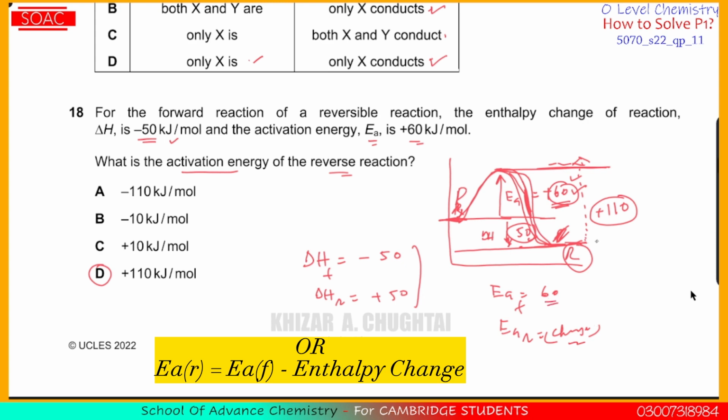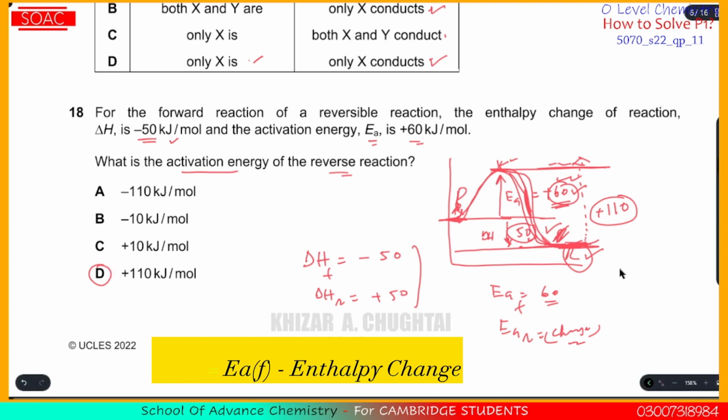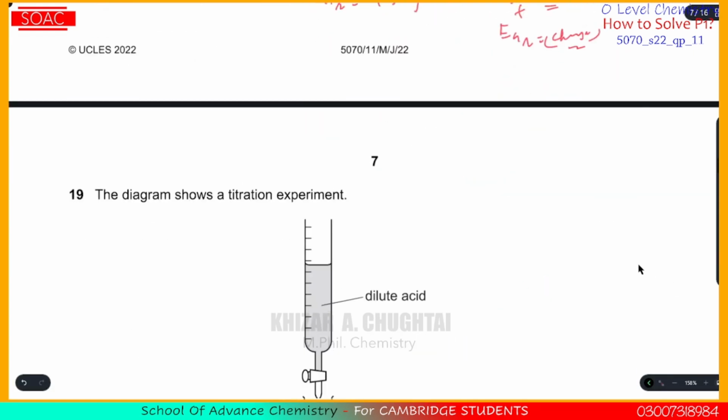Whenever we reverse, this line behaves as the reactant. So how much energy does the reactant need to reach this height? It needs 50 and it needs 60, both 50 plus 60, and then it moves to the activated state, the activated complex. The best answer is 110, and D is the correct option.